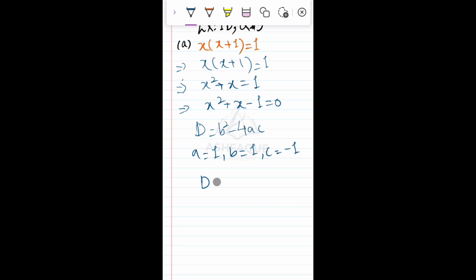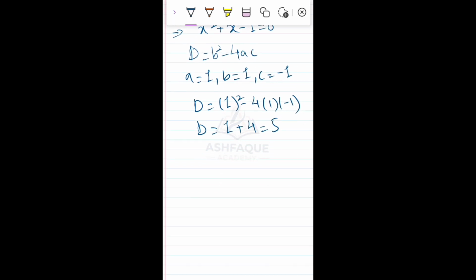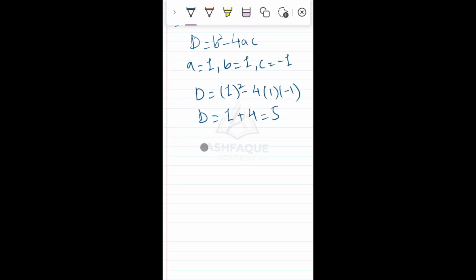So for this we have d is equal to 1 whole square minus 4 into 1 into minus 1, d is equal to 1 plus 4 is equal to 5. It means d is equal to 5, which is greater than 0.